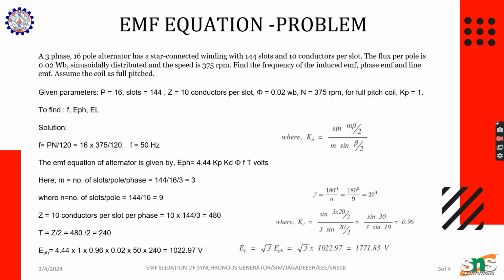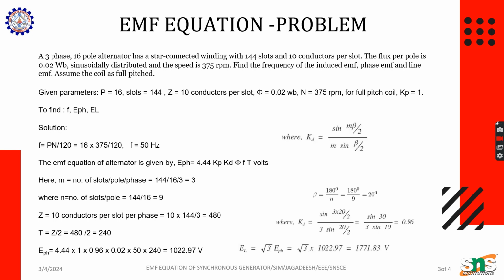The flux is 0.02 Weber, and the speed of the alternator is 375 rpm. For a full pitch coil, the pitch factor is equal to 1, so this pitch factor or coil span factor needs to be considered. Here we have to find the frequency, the phase EMF, and the line EMF.